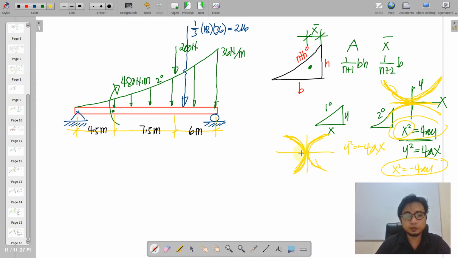So if you are going to use ratio and proportion, say for example, if we have a second degree curve, I'll just have a concrete dimension here.